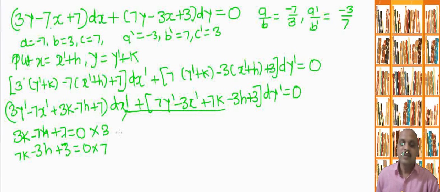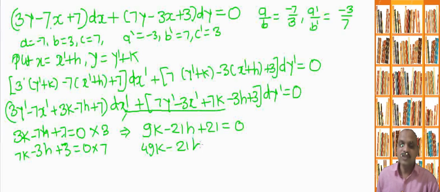If we multiply we get 9k − 21h + 21 = 0 and 49k − 21h + 21 = 0.